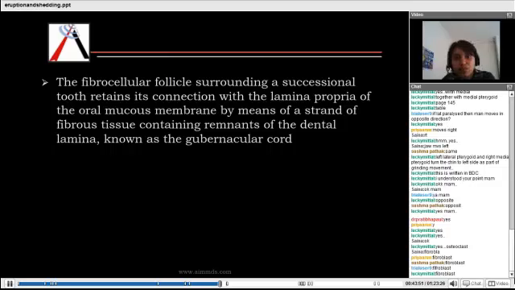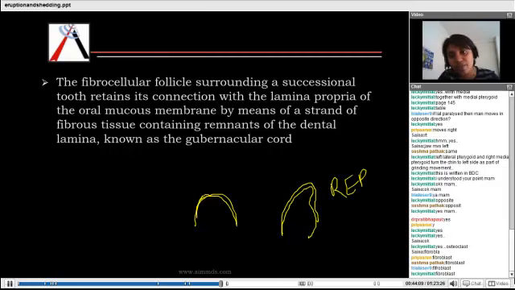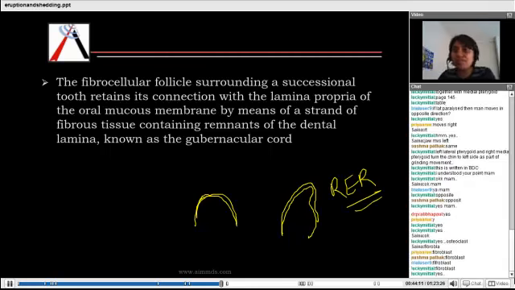Okay. Now what happens is whenever there is eruption taking place, now the tooth itself, you all must have been seeing in the last class that our enamel organ gets condensed and it forms reduced enamel epithelium. This reduced enamel epithelium covers the tooth. Okay.